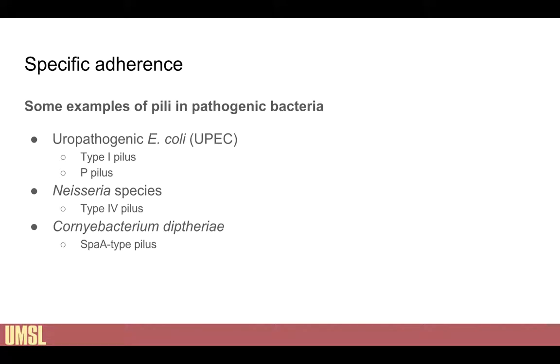You remember Neisseria from our paper discussion, right? And then I'm going to take you through a gram-positive example in Corynebacterium diphtheriae, which is a very nasty pathogen that we have basically taken care of with vaccination.